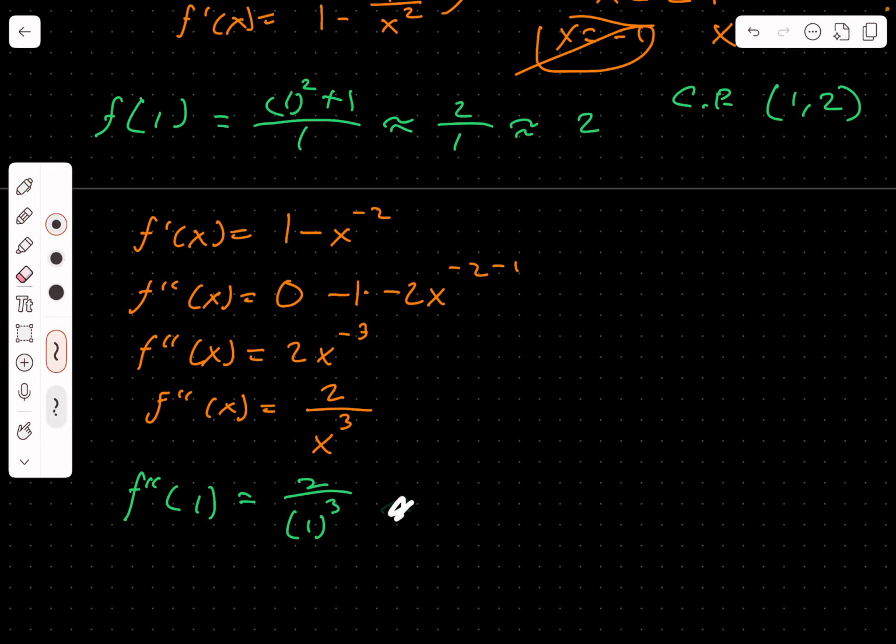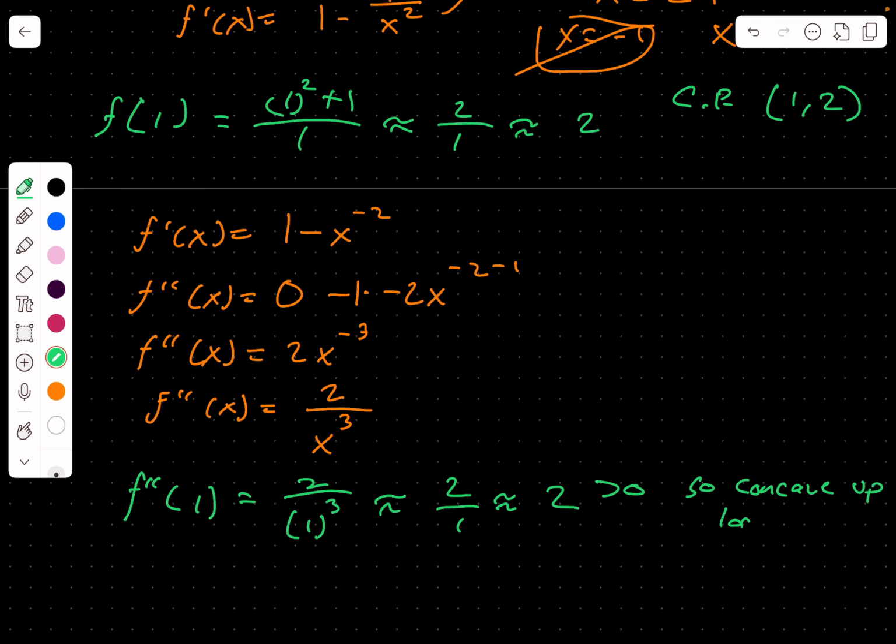Let's fix that. This is literally just 2 over 1, right? And that gives us 2. Okay, and 2 is greater than 0. So we use the definition of our second derivative test, right? 2 is greater than 0, so it concaves up, aka local min, right? Min. Okay, so this guy is a min.